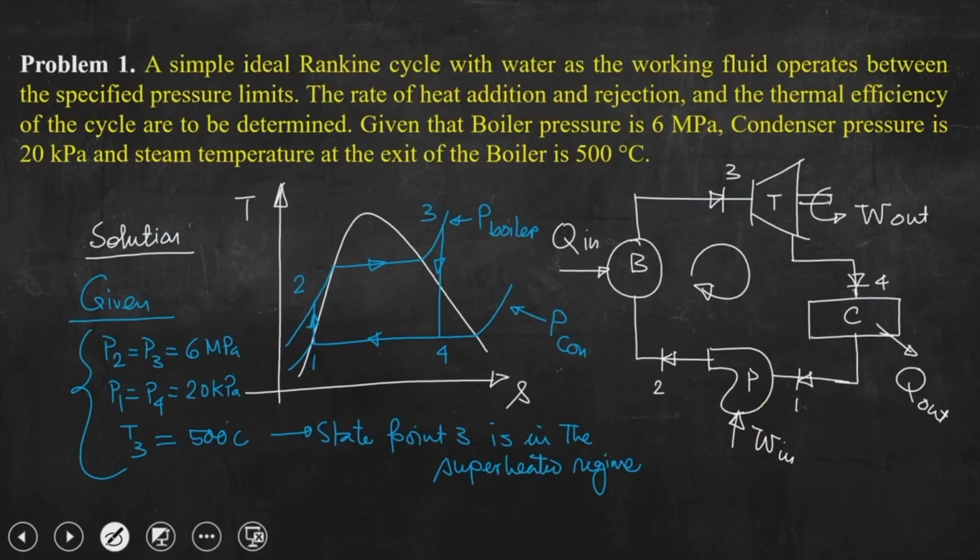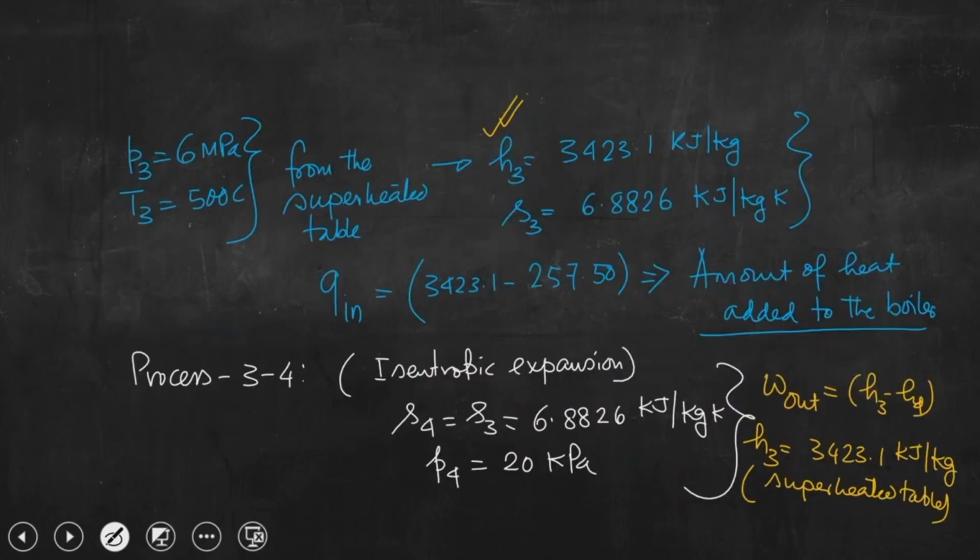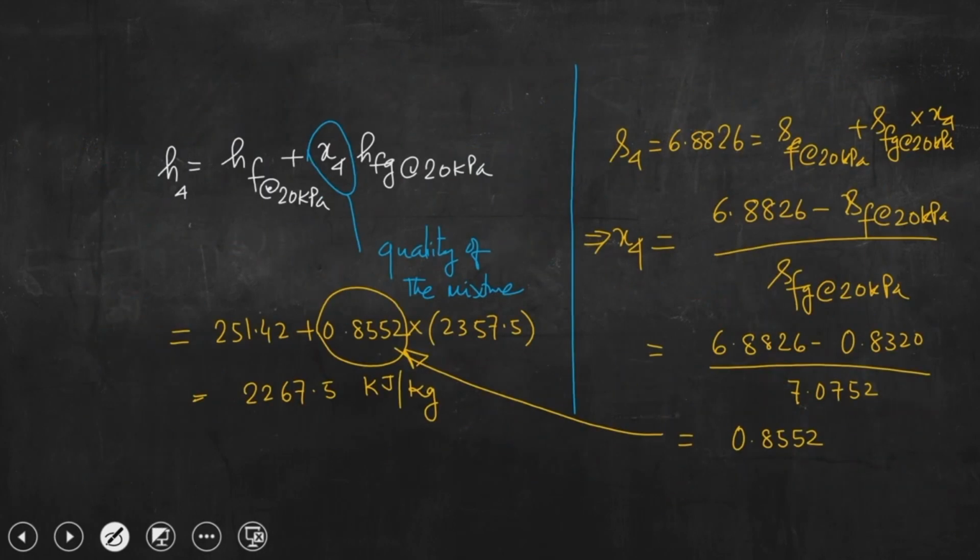We have calculated H4, and we also know H1, because H4 we have calculated by linear interpolation, and H1 we already know because it is HF corresponding to that pressure of 20 kilopascal. So, H4 is this quantity and H1 is this quantity.